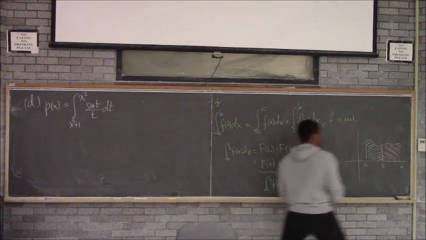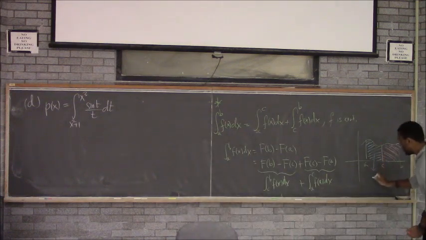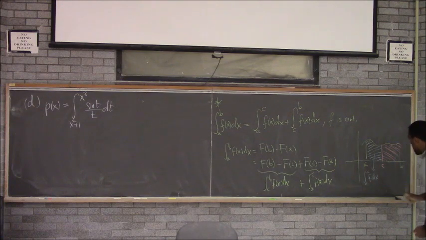The area over here is going to be given by the integral from A to C. And this is going to be given by the integral from C to B. And to find the total area from A to B, I just add them together.